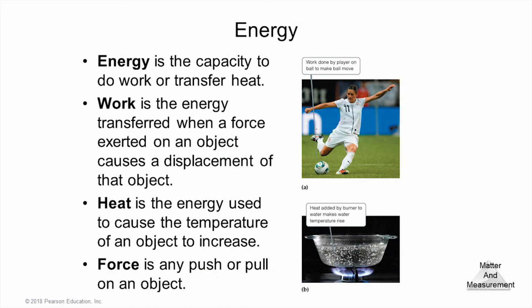With separation techniques done, we are moving to energy. What is energy? Energy is the capacity to do work. Work is the energy transferred when a force exerted on an object causes displacement of the object. Example, you walk some distance, that is work.